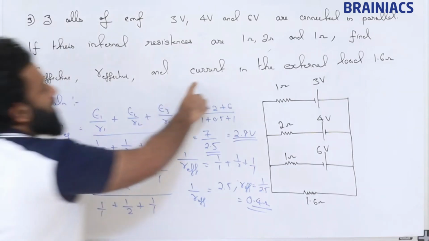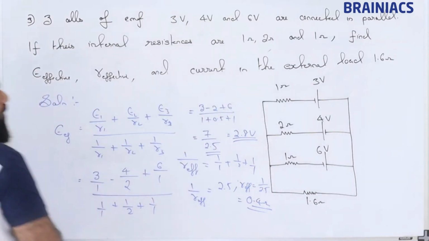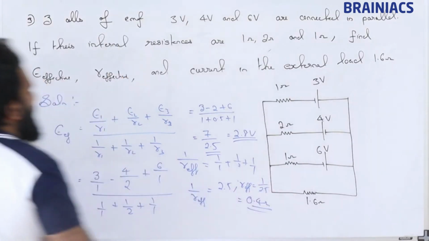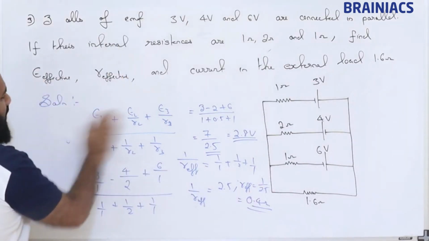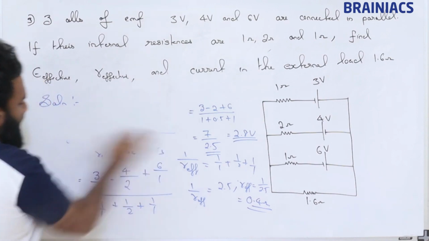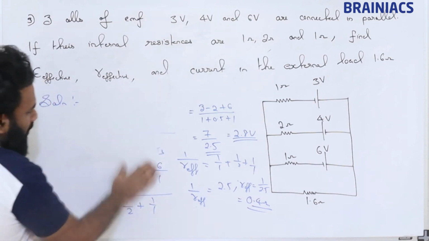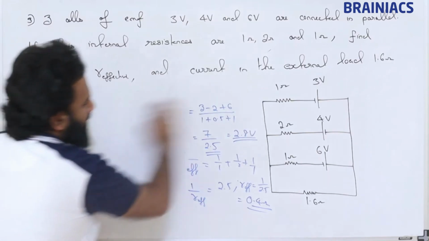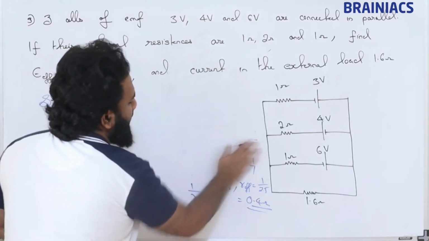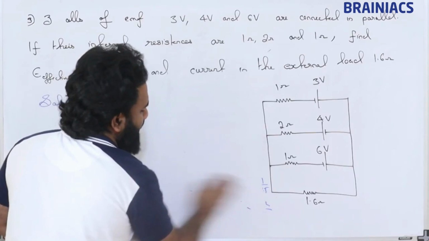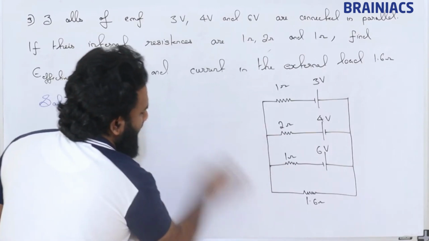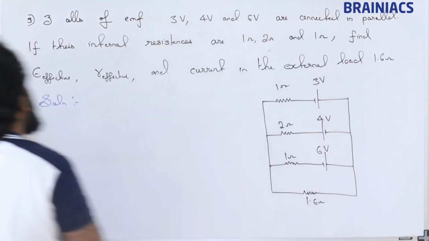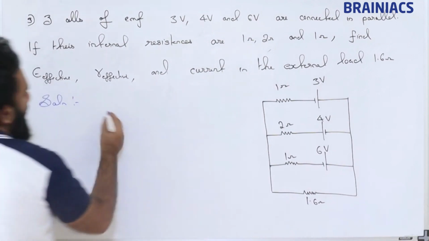Right. Now they are asking what is the current in the external load? 1.6 ohm. Terminal voltage is what they are asking. So 2.8 volt is the effective EMF and the effective internal resistance is 0.4 ohm we got.